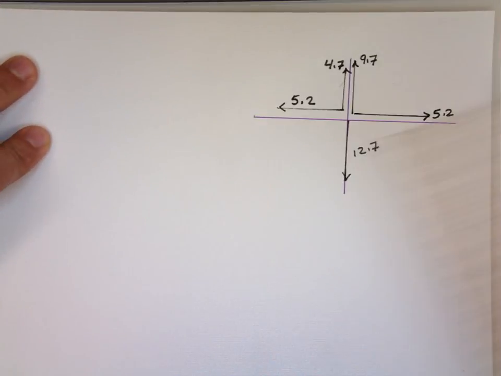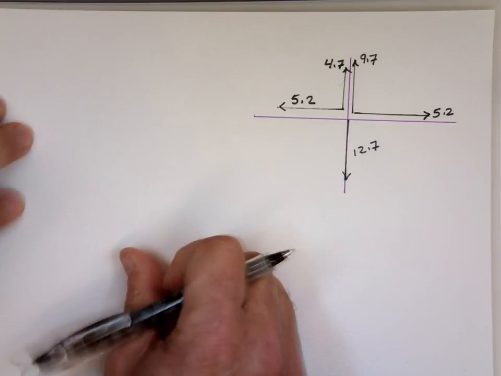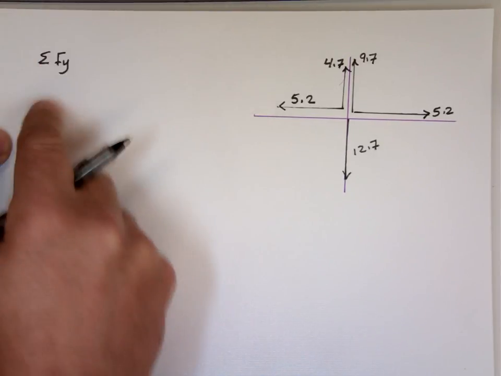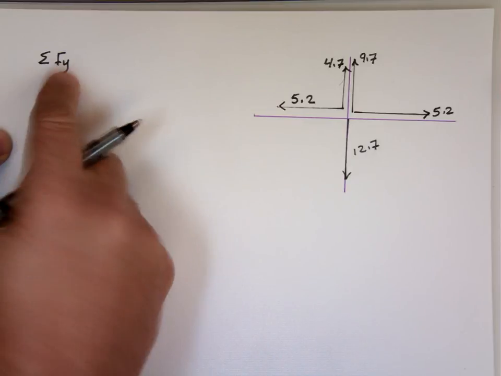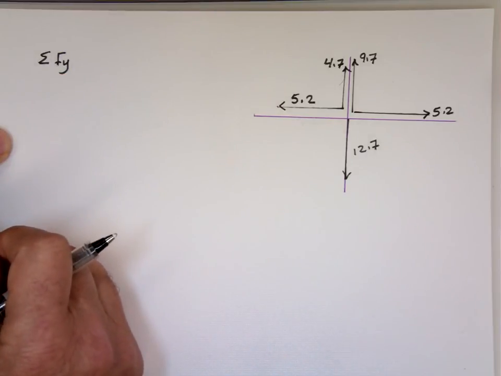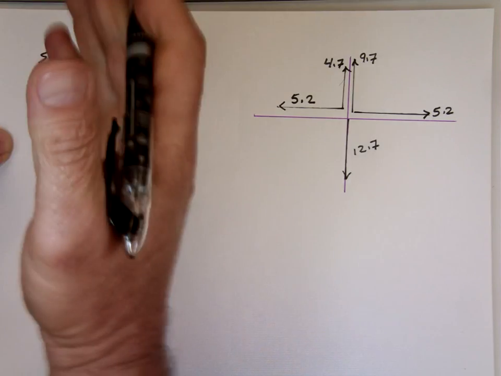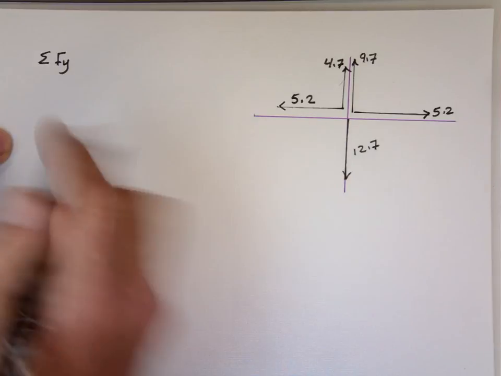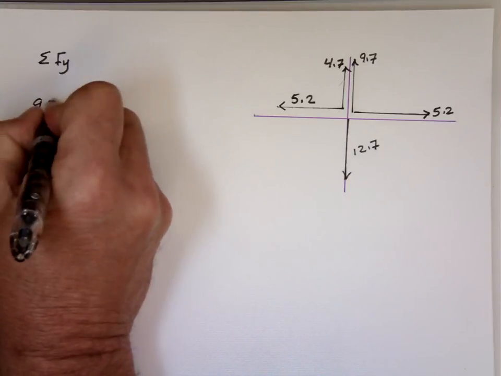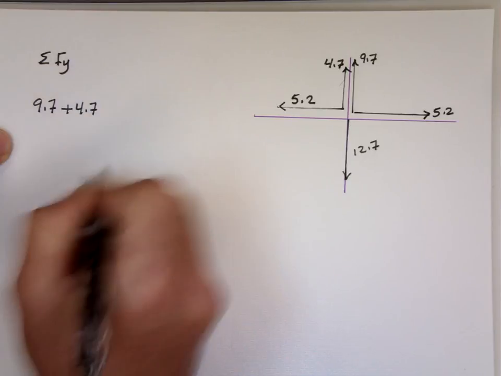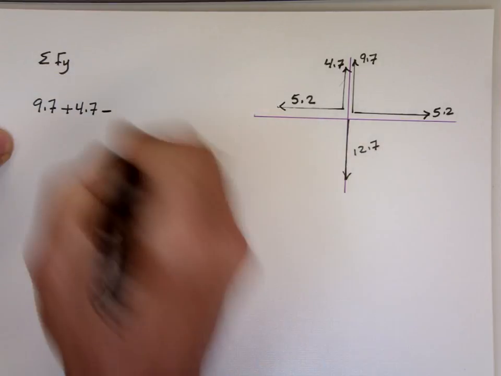What about the y value? What is the net force in the y direction? I use y for y direction. Well, the net force, if we take the ones pointing upward, it looks like if you add them, it's more than the one down, right? So we have the 9.7 up, we have the 4.7 up, and we get the minus because that's pointing down, 12.7.